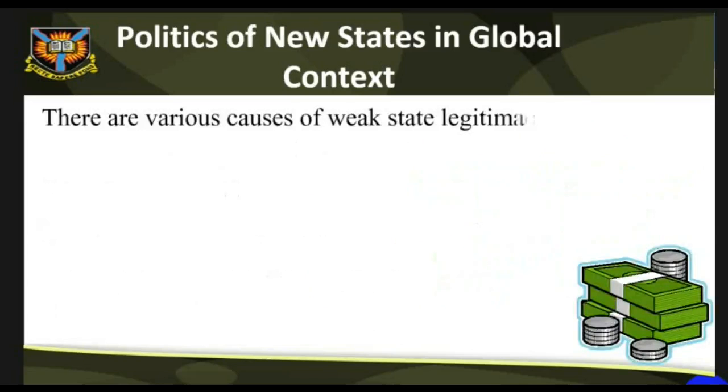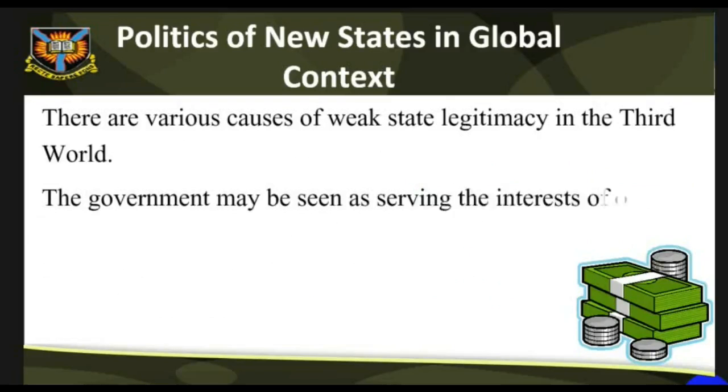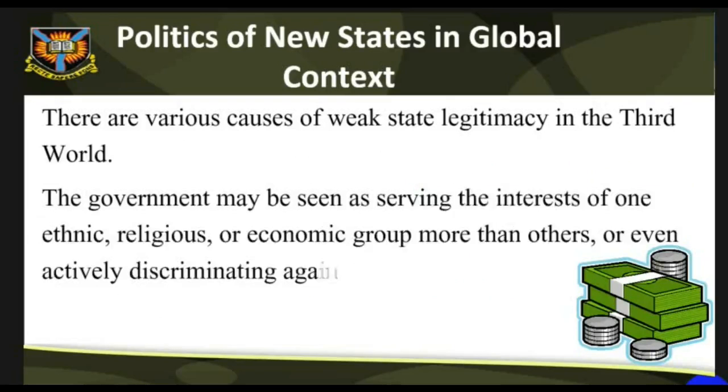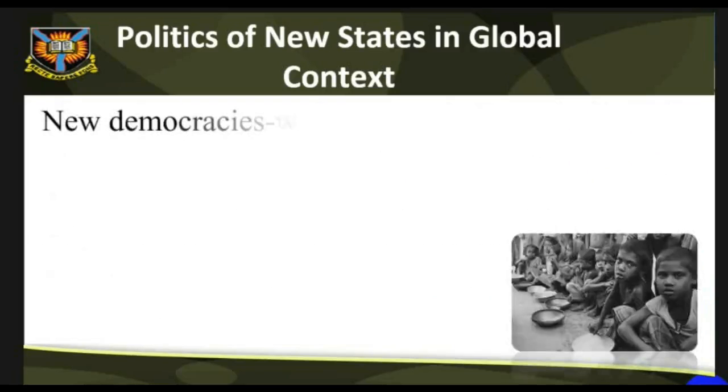There are various causes of weak state legitimacy in the Third World. The government may be seen as serving the interests of one ethnic, religious, or economic group more than others, or even actively discriminating against some groups. Economic failure, political repression, extreme corruption, and military defeat may cause people to lose faith in the government.